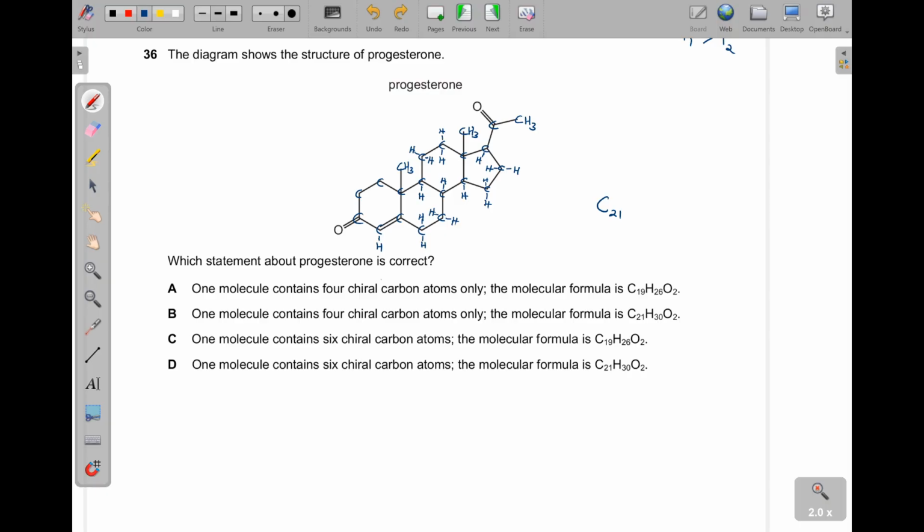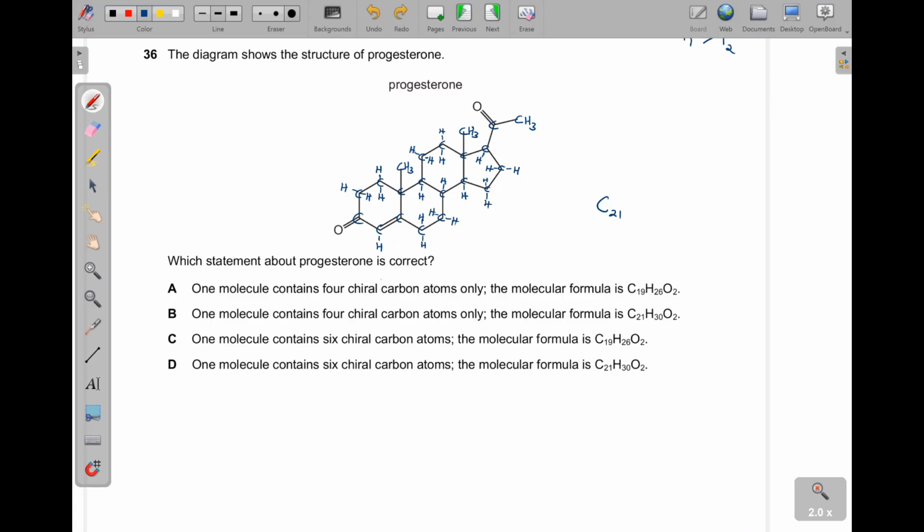Then hydrogen here, hydrogen here, hydrogen here, hydrogen here. So how many hydrogens are we seeing here? The hydrogens are 3 here.